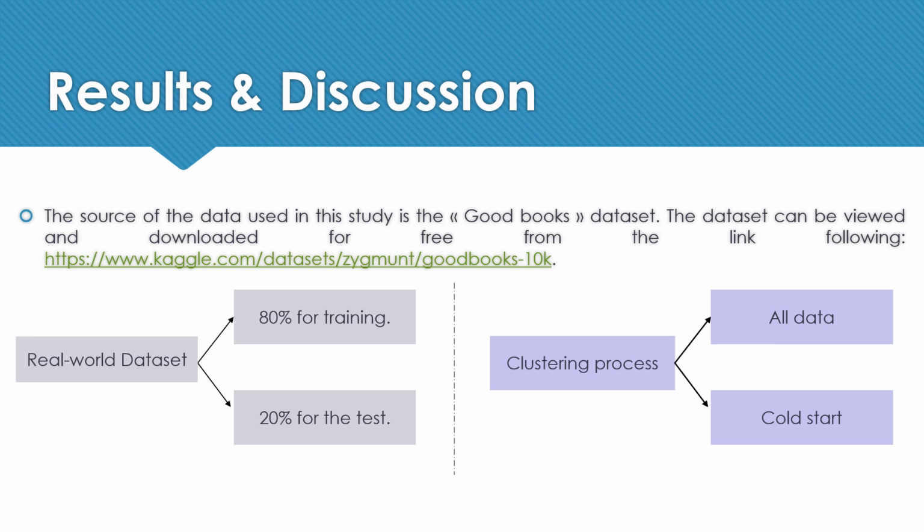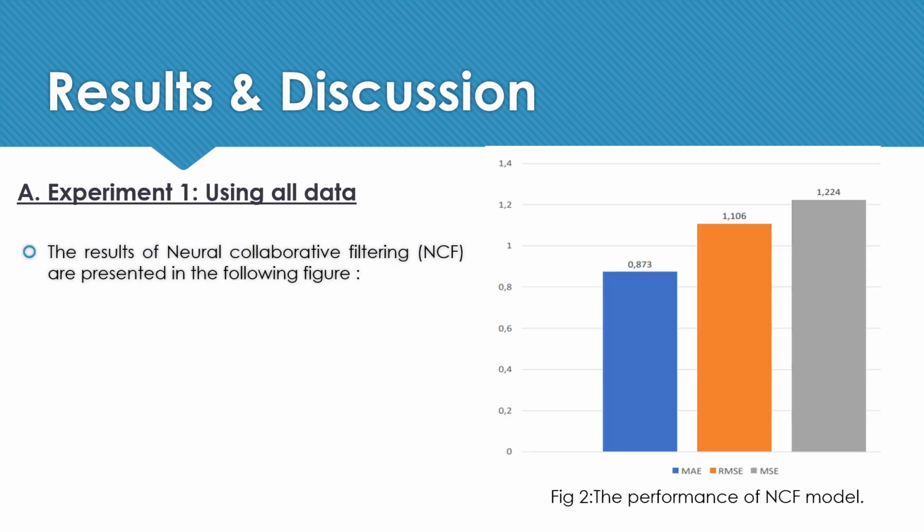Categories such as all data and cold start were defined, with all data providing an overview of the dataset and cold start identifying limited or nonexistent interactions characteristic of the cold start scenario.